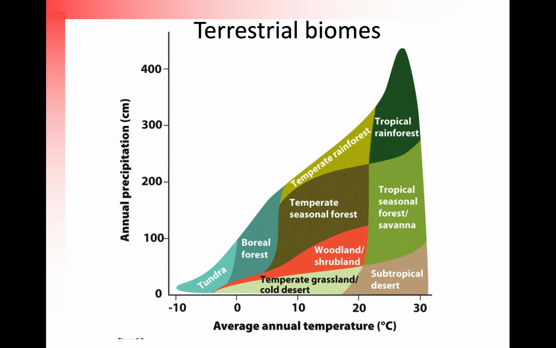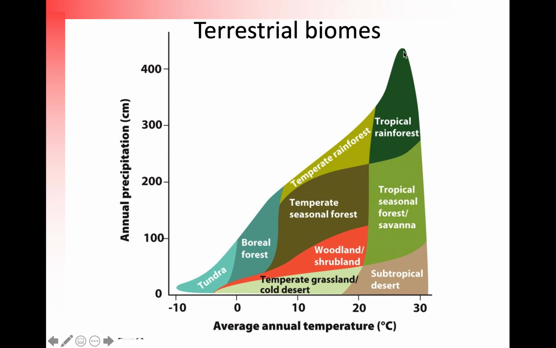This figure shows just how significant and important combinations of precipitation and temperature are in determining terrestrial biomes. You can see along the x-axis we have annual average temperature, and on the y-axis we have annual precipitation. So low precipitation to high and low temperature to high.